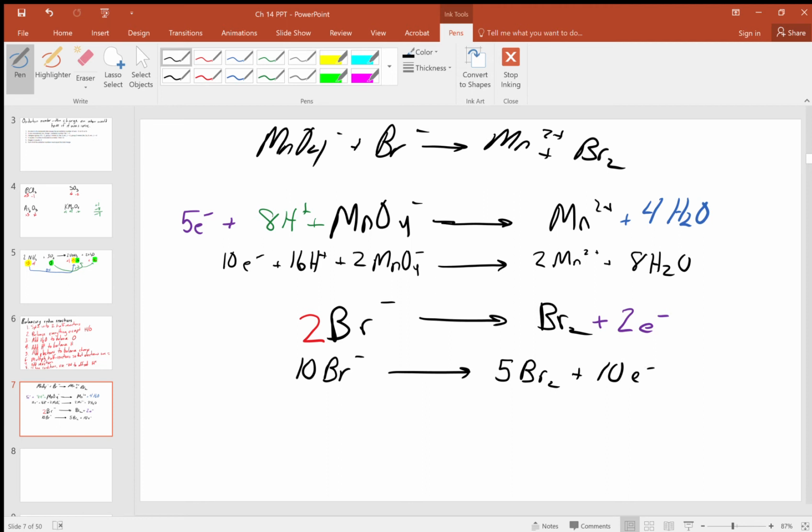Now we can add the 2 equations together, and we cancel anything that's the same on both sides. Now in this case, the only thing that's going to cancel are the electrons.